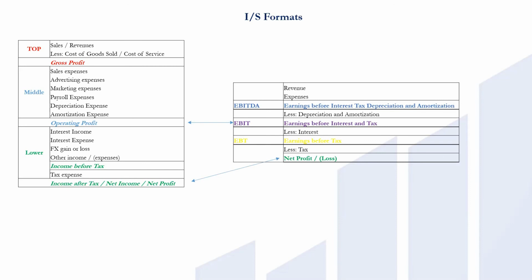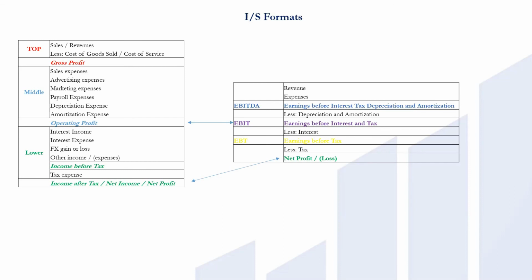And a way of reconciling EBIT is always comparing it to operating profit. So in most cases, guys, your EBIT, your earnings before interest and tax, will be equal to your operating profit. So we can understand by now that we are in the middle section of the income statement. We've taken out the top and we've taken out the middle.